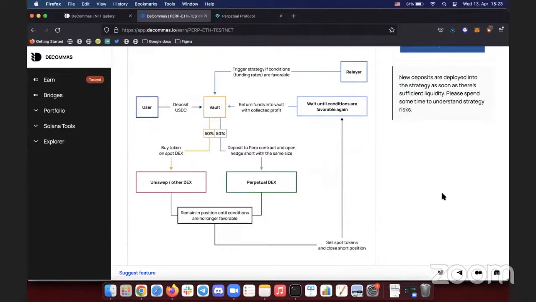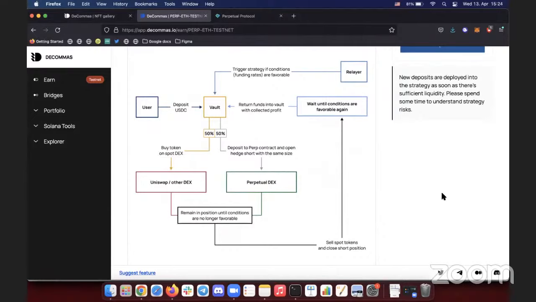When the funding rate is positive again, it will open a Uniswap long, basically a spot long. So it will buy Ethereum, and then with the same size in the same transaction, it will open a short on Perpetual protocol. So you wouldn't need to bother yourself.